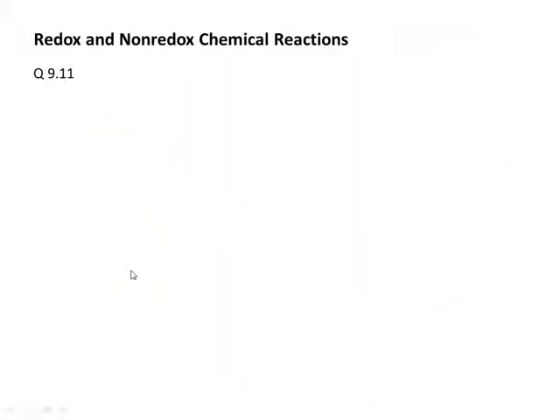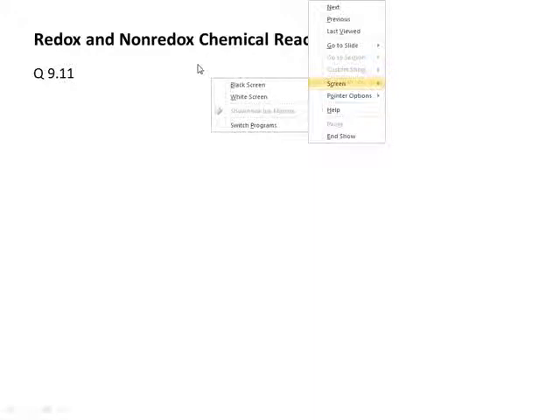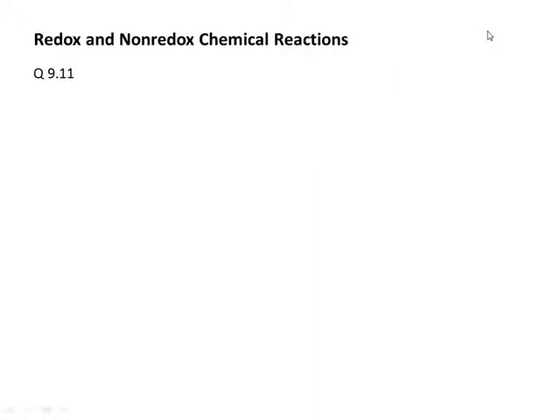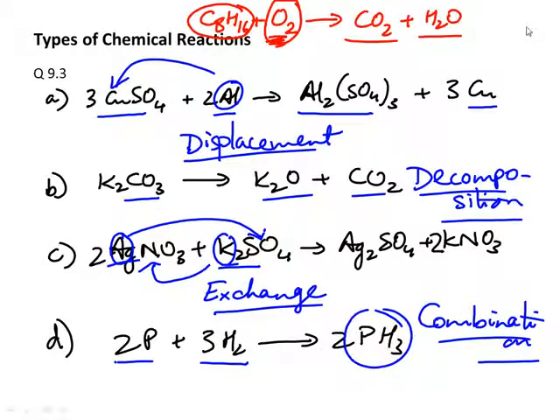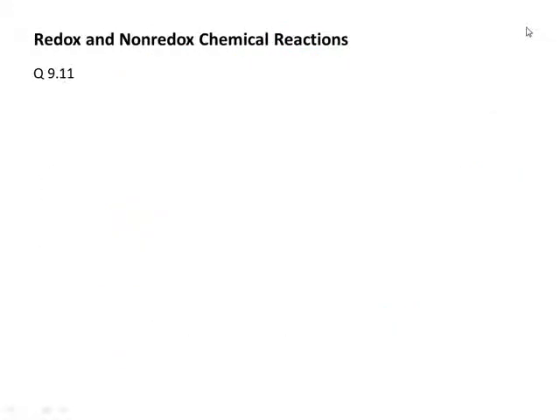Okay, let's move on to redox reactions. Now it is important to remember what reduction and oxidation are. I need to get rid of this screen. Let's try that again. Okay, sorry about that. So in redox processes, we need to know what's going on electronically when a reduction or an oxidation process takes place.